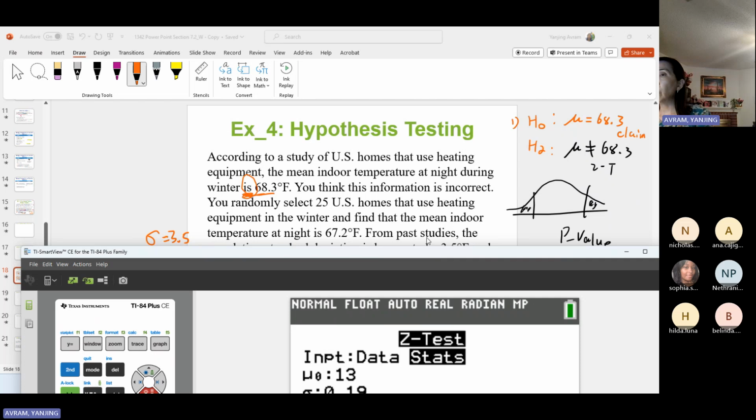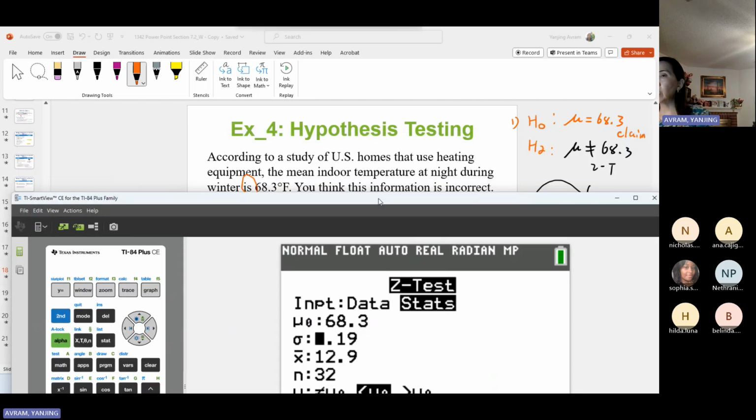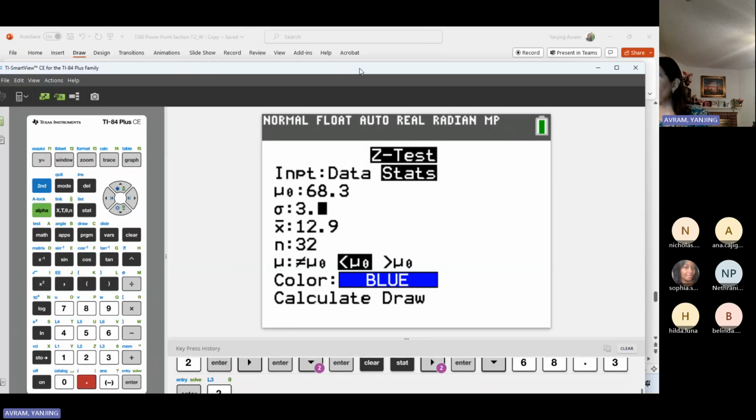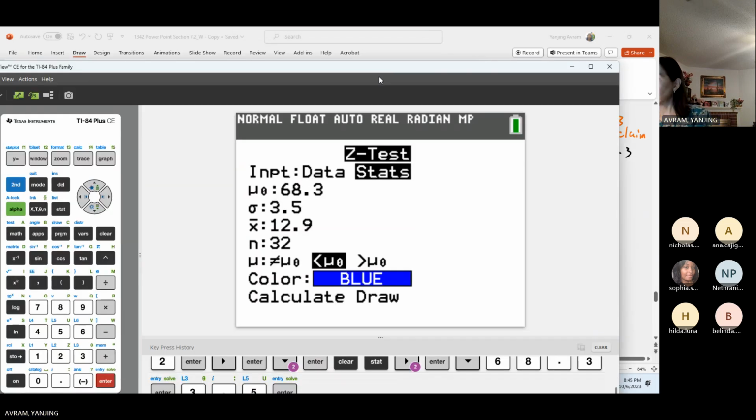So the mu here is 68.3. Sigma here, change your sigma to 3.5. Your x-bar here, you go to find the 25 sample, right? And the sample temperature here is 67.2.